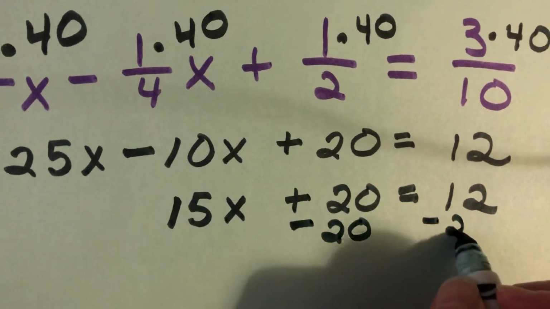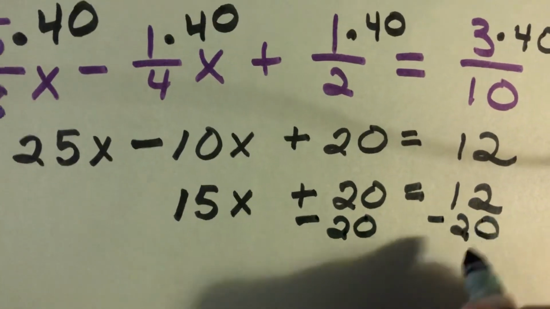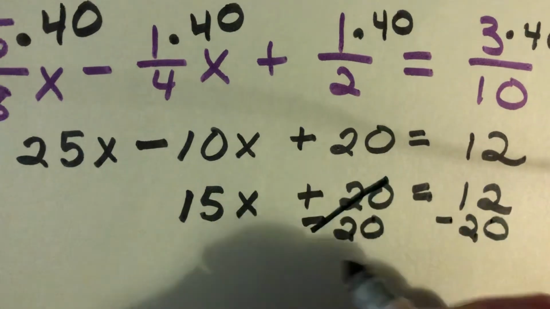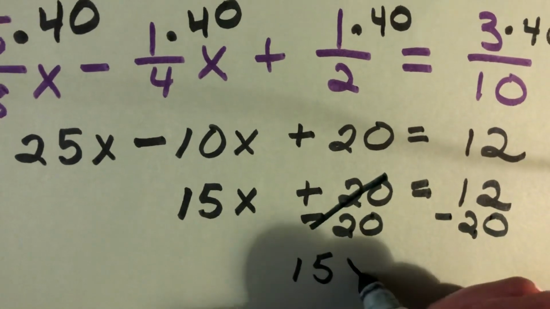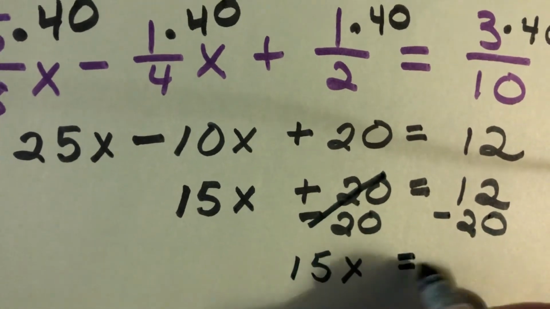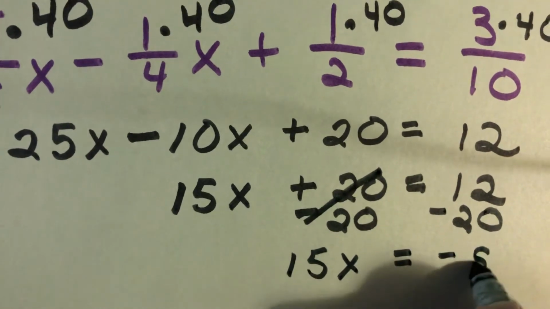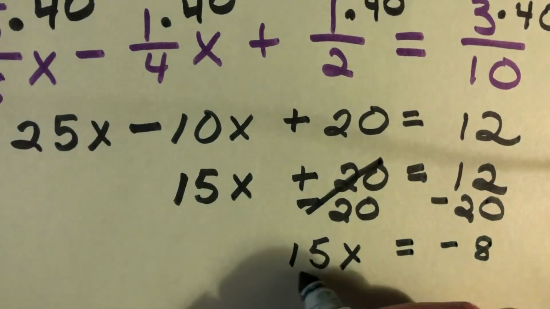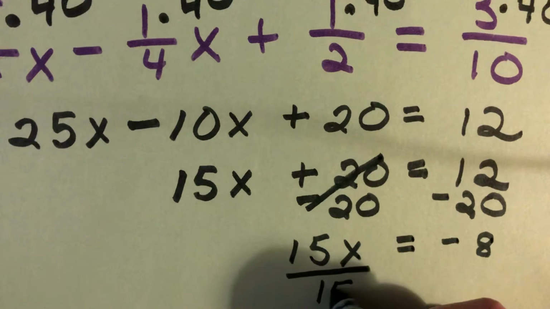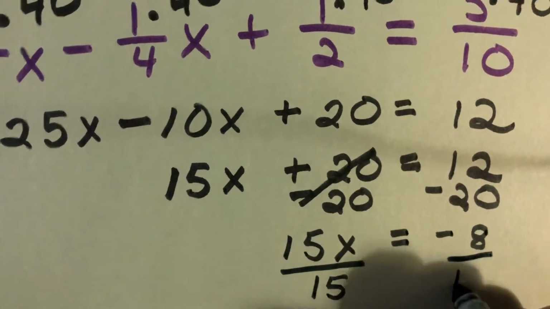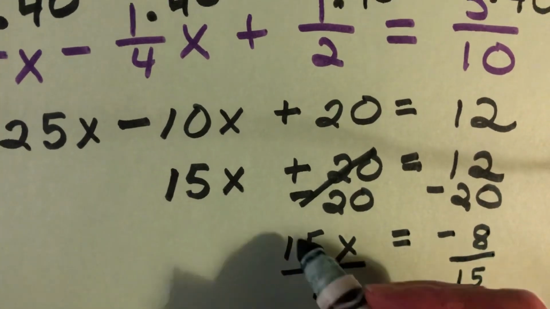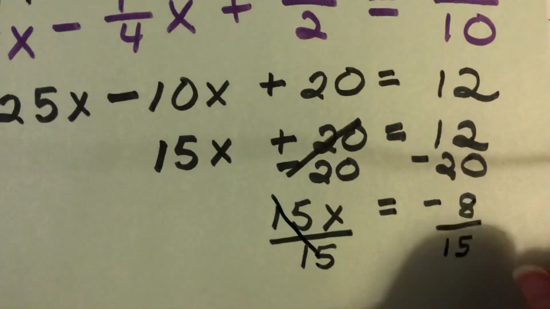Whatever I do on one side of the equation, I do the same thing on the other. So I get 15x, I'm trying to get that x all alone, equals negative 8. And the last step is always divide by the coefficient. So divide by 15. So x is equal to negative 8/15.